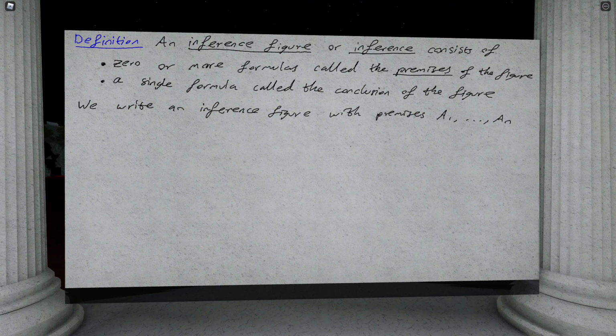So we write an inference figure with premises A1 up to AN and conclusion B as follows: you list all of the premises above the line, and below the line you write the conclusion.